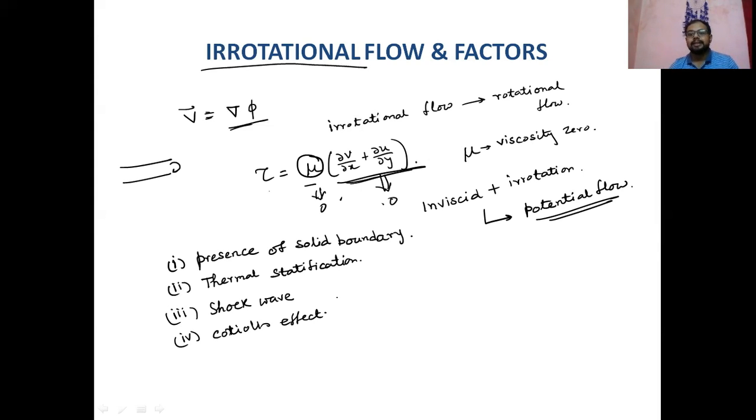In such cases, some rotationality might be found. In the case of the ocean, the Earth itself is a rotating frame. So if you want to go from the northern part to the middle portion, or from the southern end to the middle portion, there may be a deflection, maybe to the right side or maybe the left side. This effect might induce some rotationality. These are the factors which may induce some rotationality in the flow.